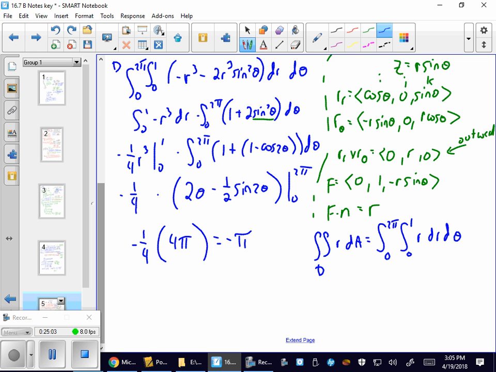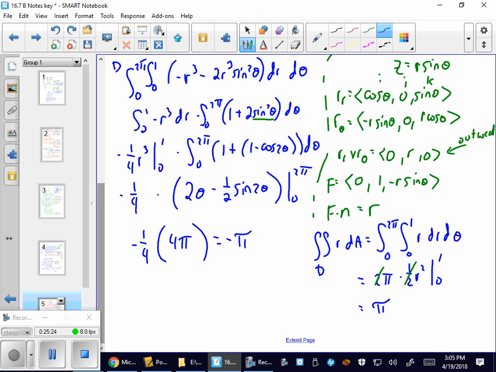So this can be separated quite easily. Again, the theta part is going to give me 2 pi. The r part is going to give us 1/2 r squared from 0 to 1. 2 and the 1/2 go away. Plugging in 1, I get 1. This is really interesting. You get pi.